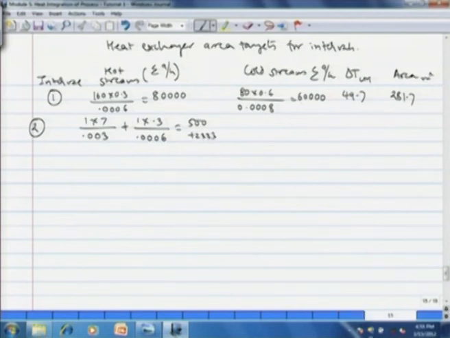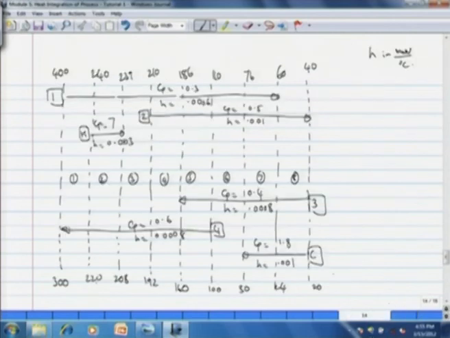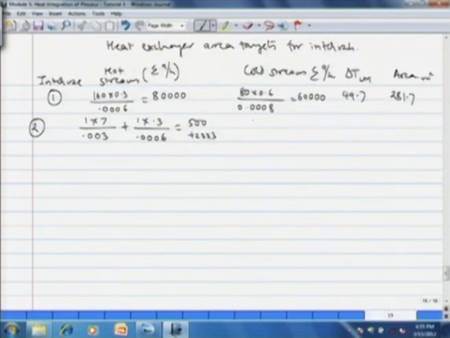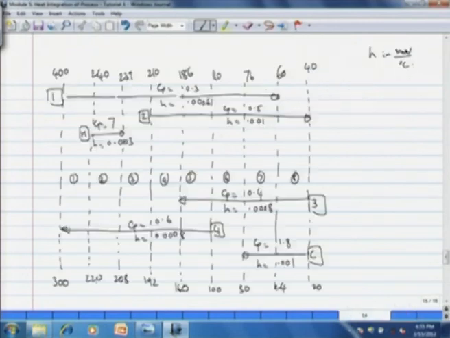The cold stream in the second interval is only number 4 stream, okay, and the temperature difference for that interval is 220 minus 208, that is 12 degrees.